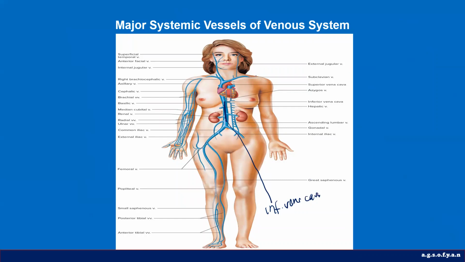And from the top, from the brain, from the upper limbs, all veins will combine to become the superior vena cava. Both of them will be entering into the right atrium. Okay, so the right atrium receives blood from the inferior vena cava, superior vena cava, plus from the coronary sinus. Again, remember there are three blood vessels or veins that enter into the right atrium.